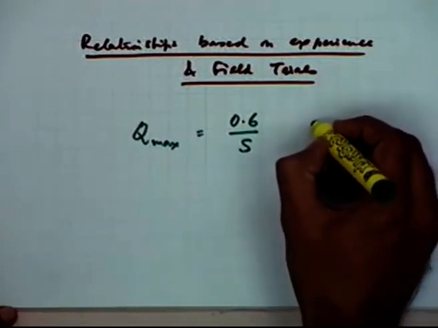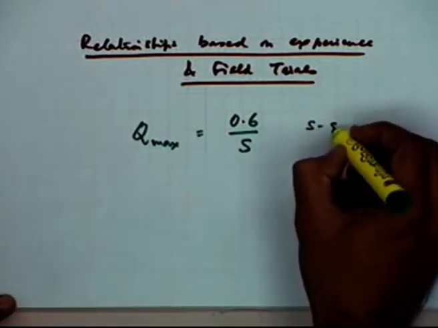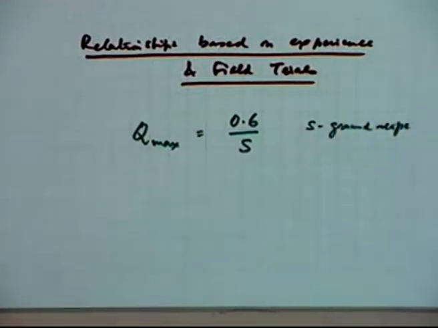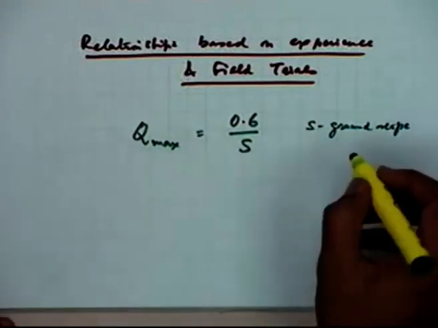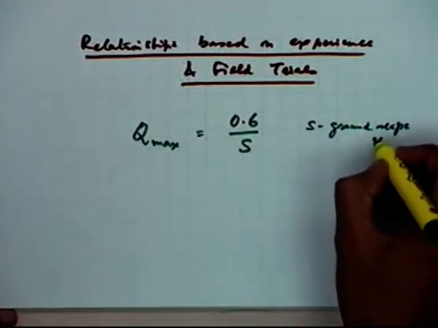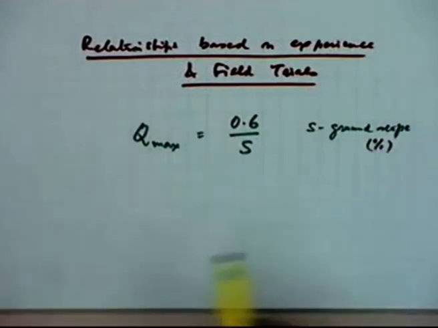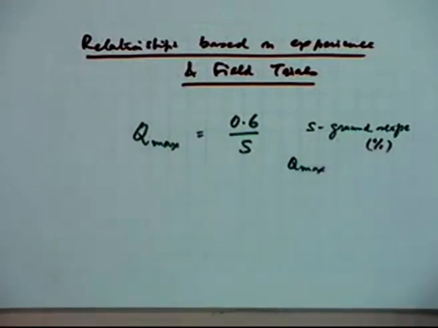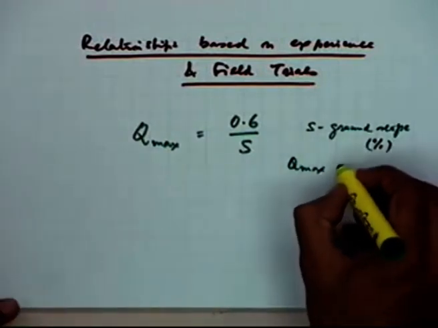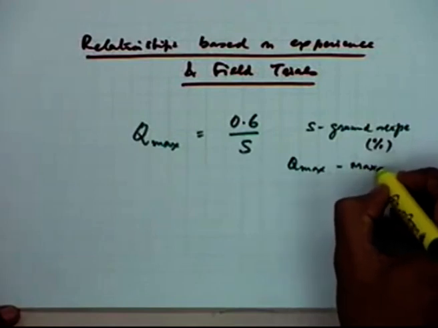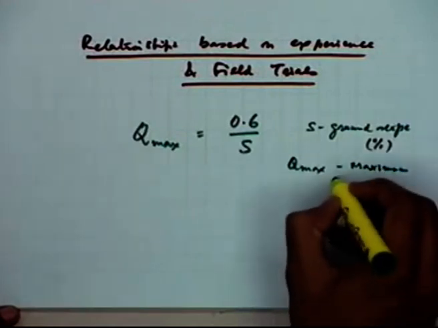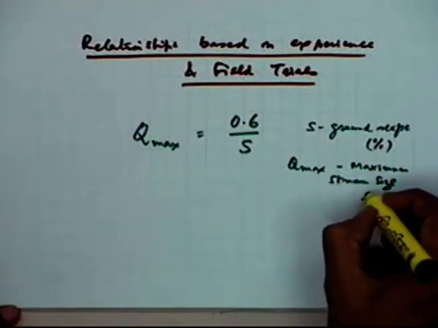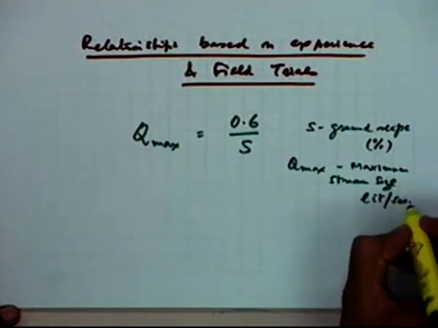This S is the ground slope, that is given in percentage, and Q maximum is the maximum stream size in liters per second.